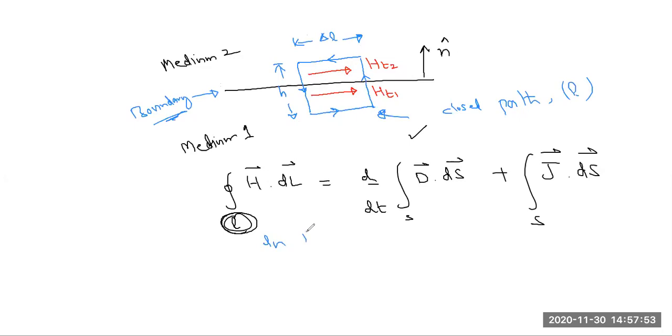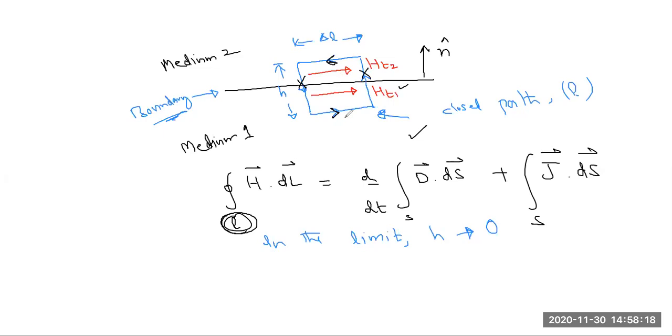So again, that can happen if I assume that for this closed path, H is almost approaching 0. So it means these vertical dimensions will be 0, and we will only end up with this one and this one.